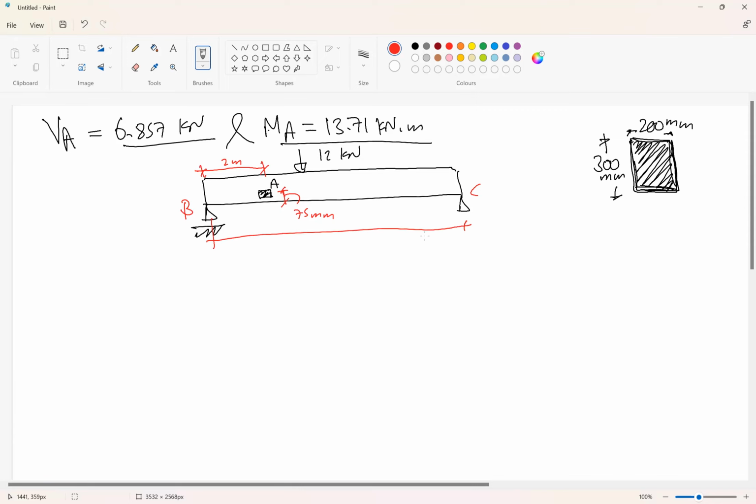And these are the dimensions, 3 meter, 4 meter. So what is our next step? Our next step is to find sigma x, sigma y, and tau xy.